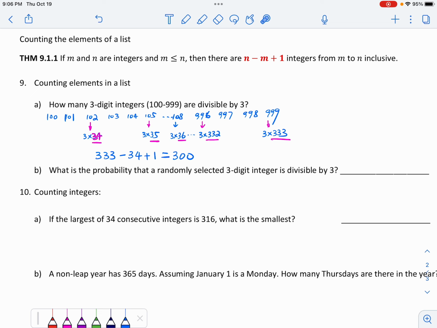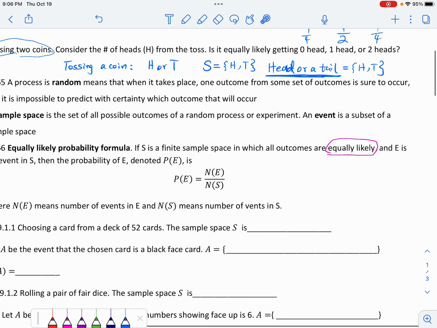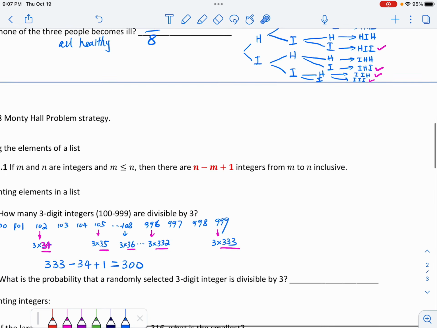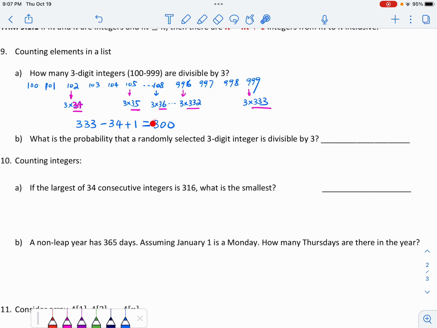So we are going to use the rule that we just introduced, the equally likely probability rule. How many integers are divisible by 3? There are 300. And how many integers are from 100 to 999? There will be 900. So it's going to be 300 divided by 900.